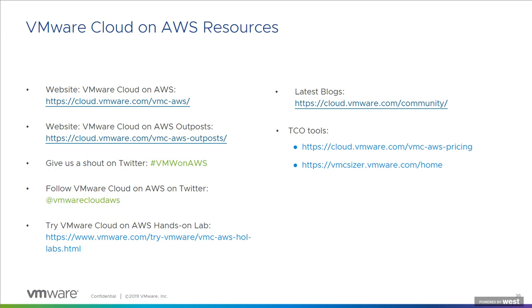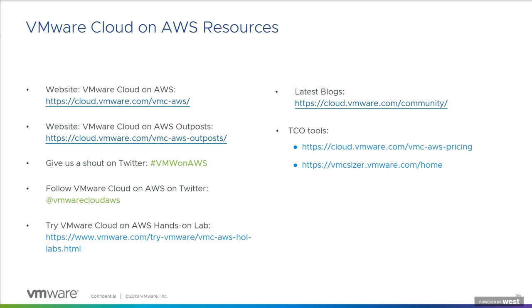And then finally, we've got several great resources available. You can check out the cloud.vmware.com/VMC-AWS website. On there, it shows you information about the service. Our roadmap is public, so you can see what we're currently working on. There's FAQs, and there's a lot more information on pricing and a whole bunch of learning resources.